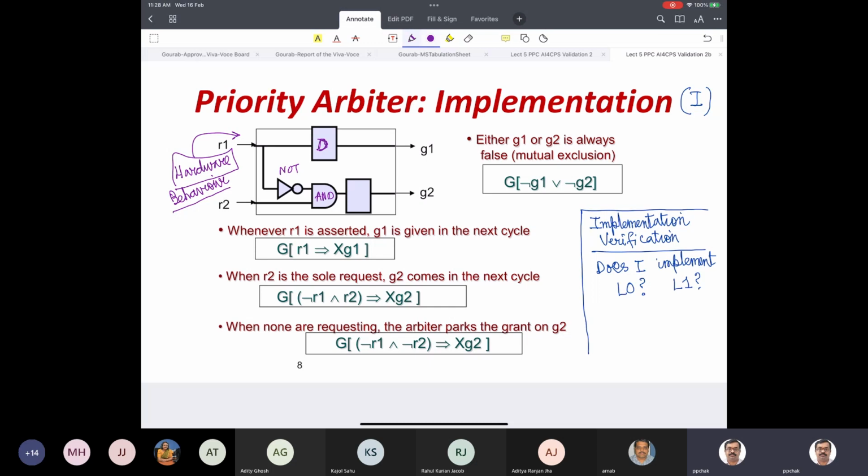So does this implementation meet the specification? Are all the conditions satisfied? Yes, sir. Sure.